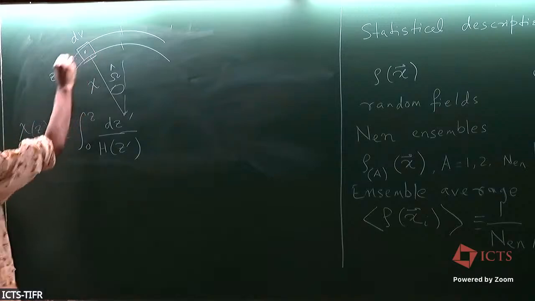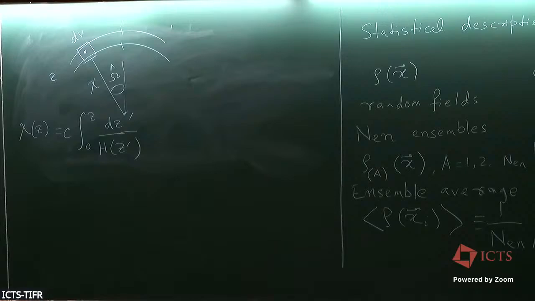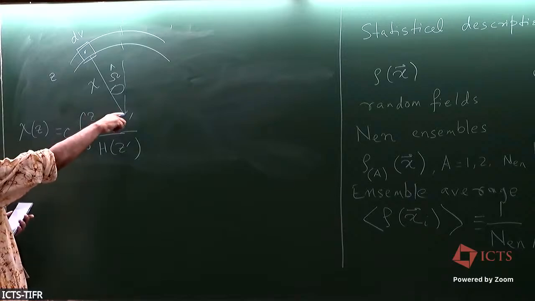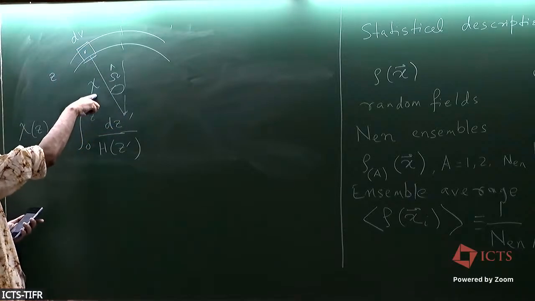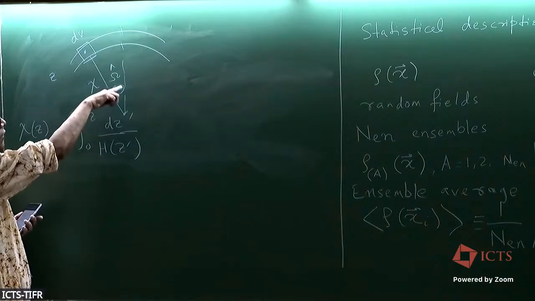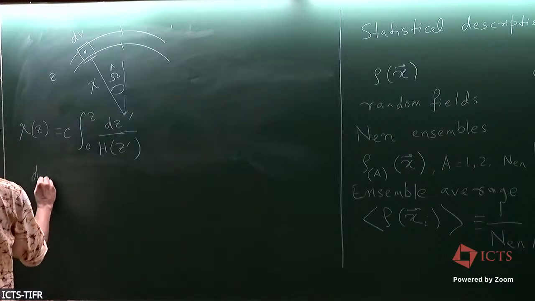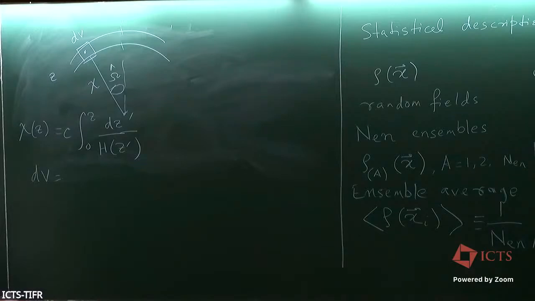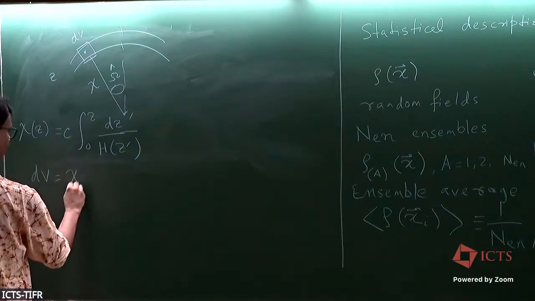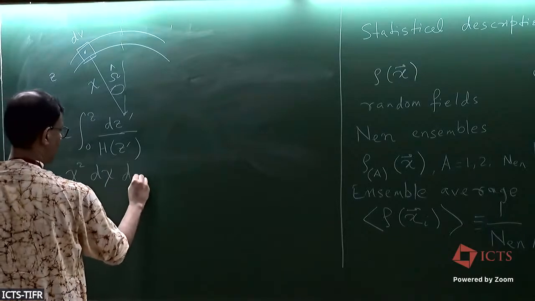So then the three coordinates, if you work in radial coordinates, will be this radial distance, which is chi, which is calculated from here, and whatever theta, phi this omega corresponds to. And from radial, you can convert to Cartesian if you want. Okay, of course, you can always do that, or whatever coordinate system you like. So given this, dV would then correspond to a volume which is like chi squared d chi d omega.